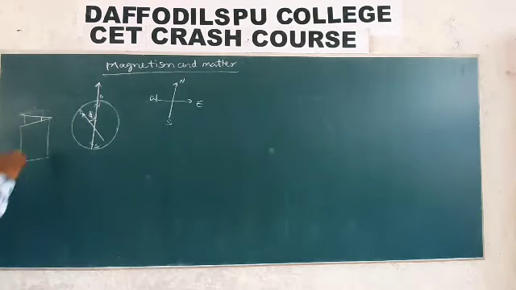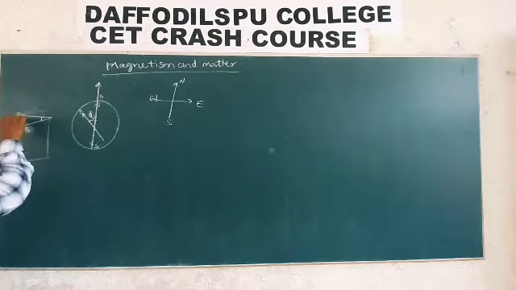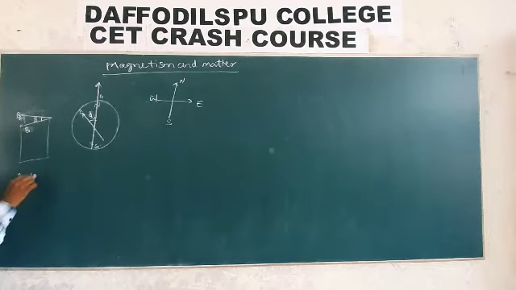Dip is the angle between the horizontal component of the magnetic field, BH, and the total field B. That is called delta, the angle of dip, and it is measured by the dip circle.